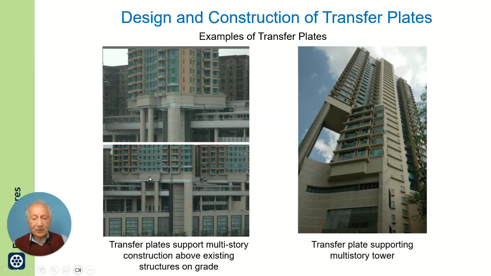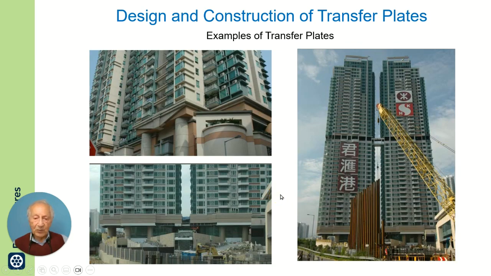Again, here we have a thick transfer plate at the bottom left, which separates the multi-level superstructure from a different arrangement below, and there is a similar situation on the diagram to the right with the transfer plate here.